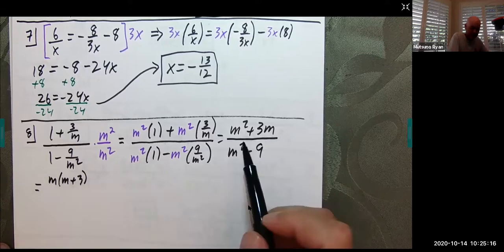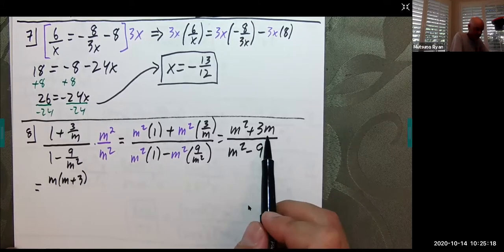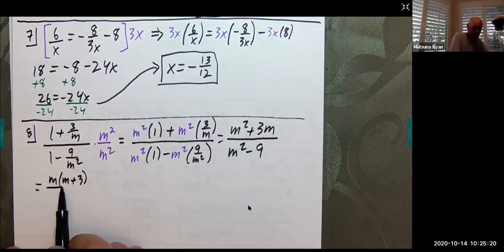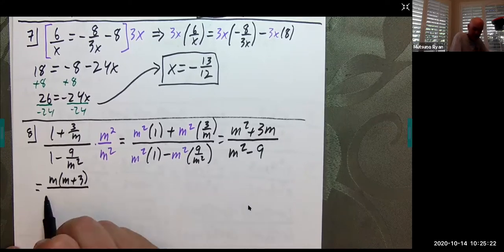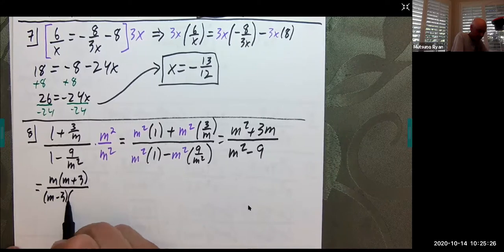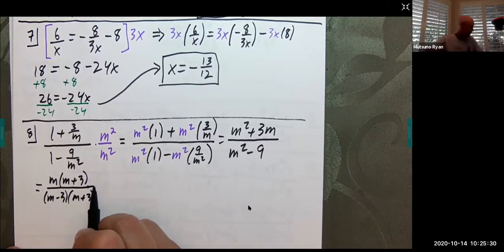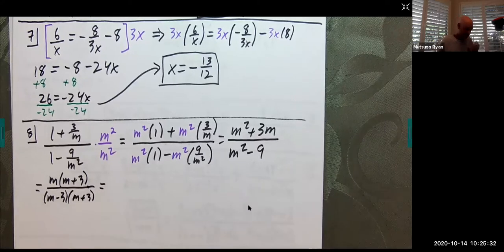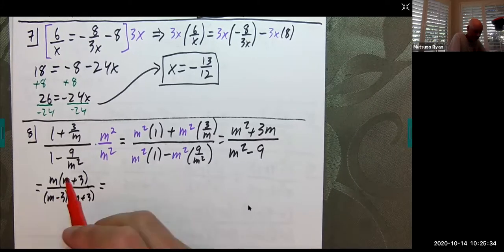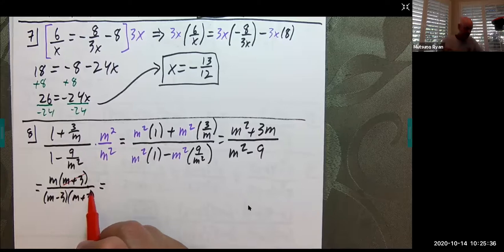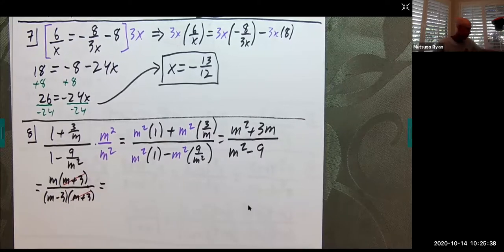Up top, I'm going to factor out a common factor of m. Down below, I'm going to notice it's a difference of squares. I'm going to notice the m plus 3's reduce out.